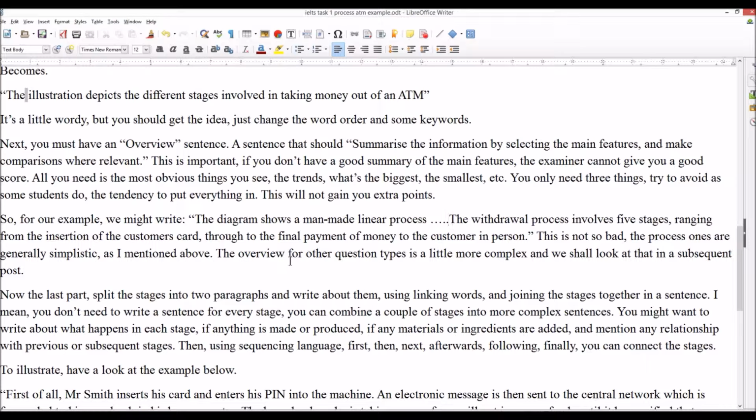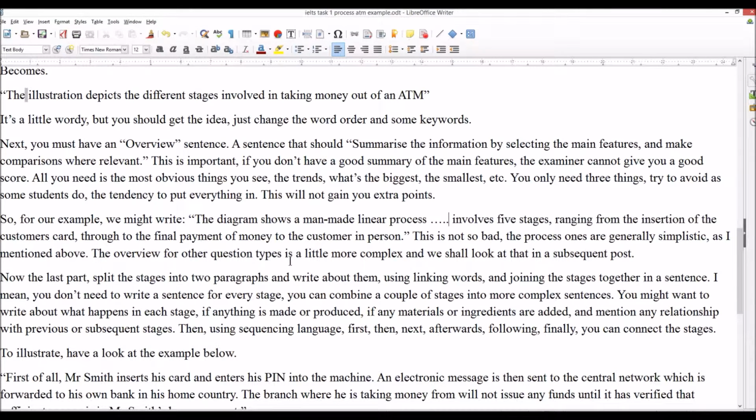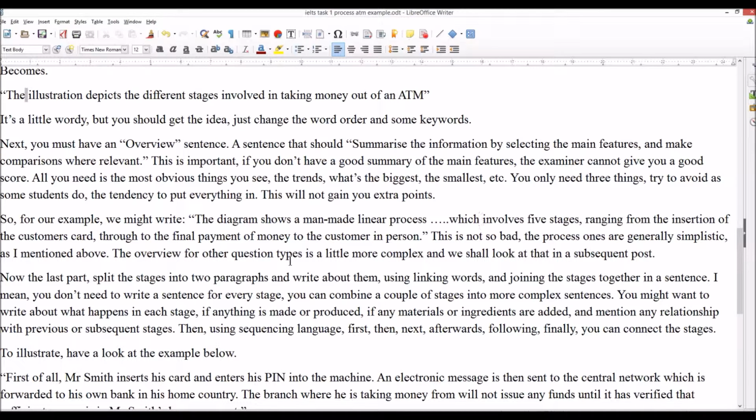A man-made linear process, which involves 5 stages ranging from blah, blah, blah. Okay. So, as I said, these process overviews are pretty simple.